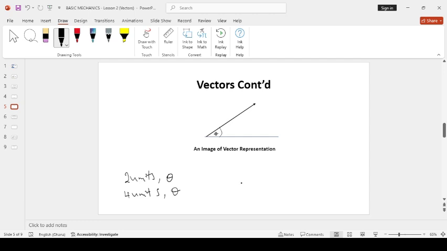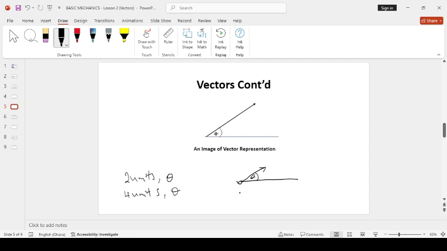Let's say for the first one, this is the horizontal line, and then the vector will be described here at an angle of theta.